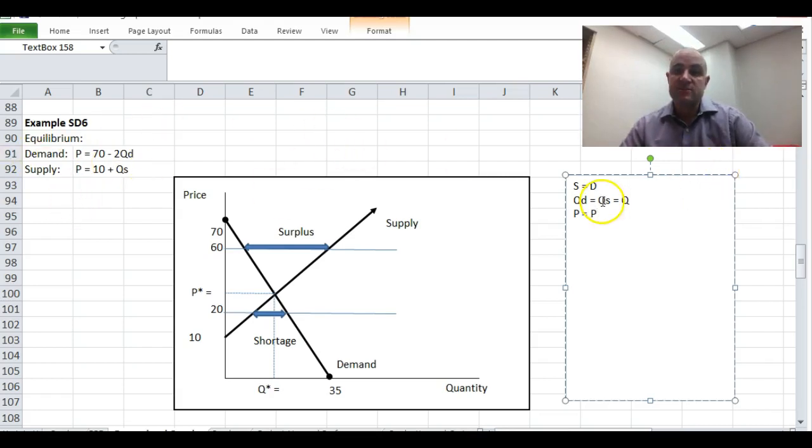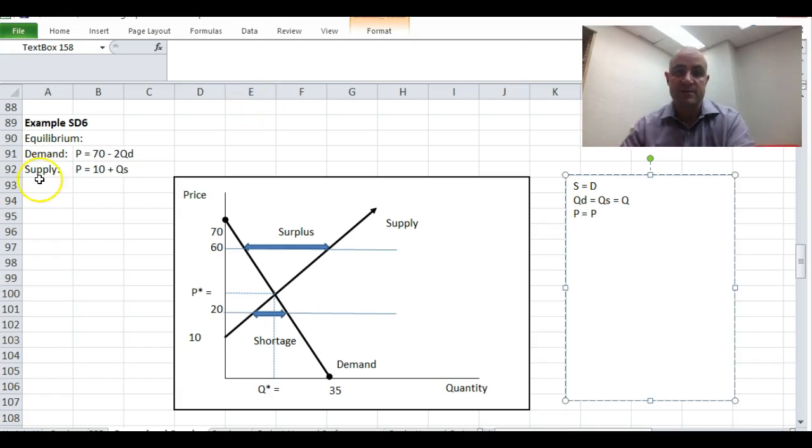So let's look at that. If the price of both equations equal each other because there's one price, let's just set them equal to each other. Again, keep in mind that the quantity demanded and the quantity supplied are the same, so now we can get rid of this QD and QS and just have Q. So we have price equals price.